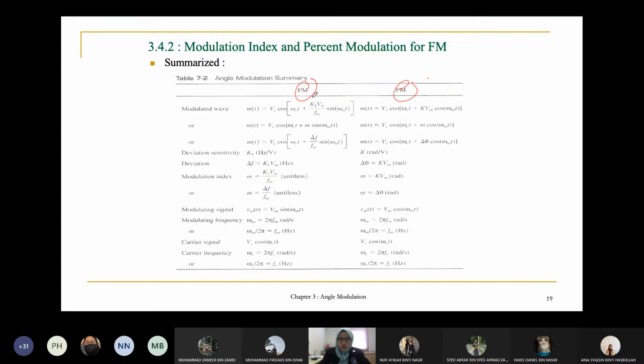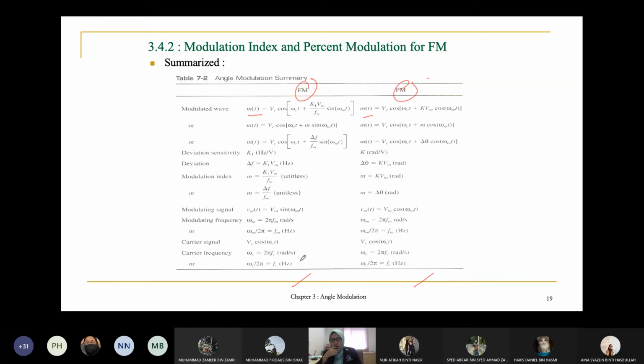This is the equation for the modulated wave, and also the equation for modulation index, and so on. But if your final exam is online, I'm not sure yet whether this table will be given, because usually for an online exam it is open book, so you can refer to the table anywhere. Okay, so that is for the modulation index.